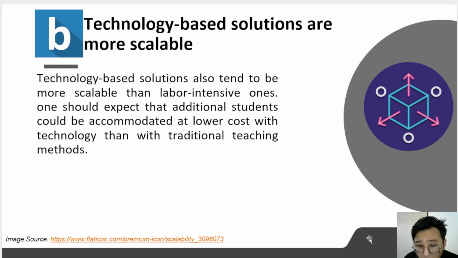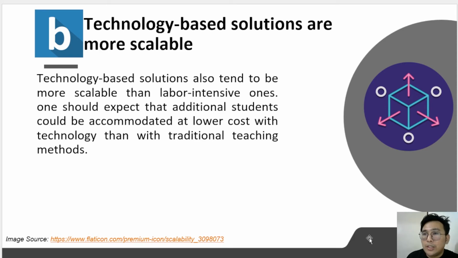We don't know how scalable the technology solutions are, especially the things that we can do in the future. So we need to expect that additional students could be accommodated maybe at a lower cost with technology than with traditional teaching methods in the future, of course.